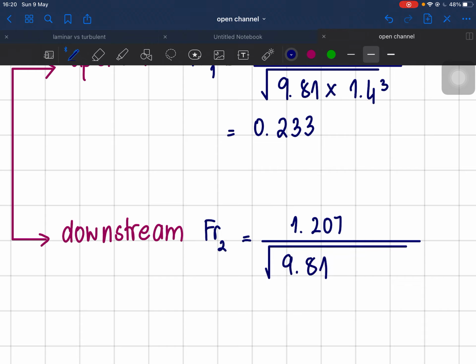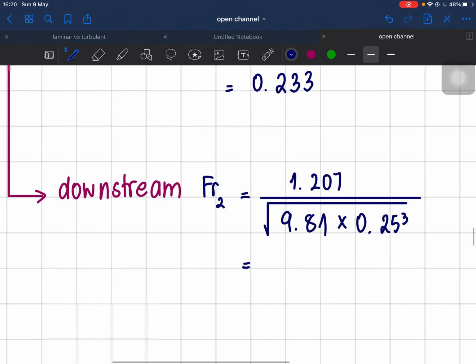The answer is 3.08 meter. This is also in meter.